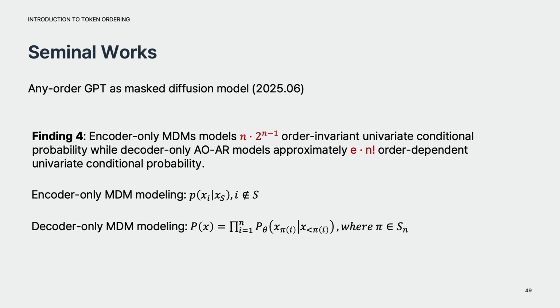In short, the decoder-only models explore a much larger probability space. This implies that training decoder-only models may be more difficult.